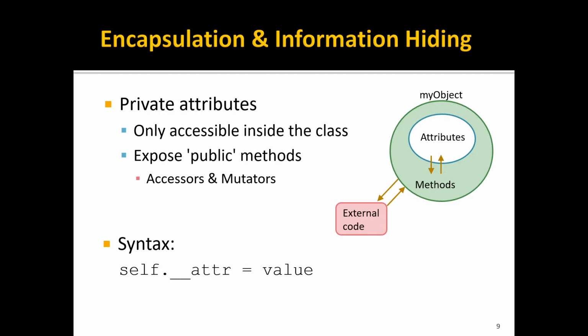So for example, for a bank account, I could create an accessor called getBalance that would return the amount of money inside this bank account, but it wouldn't return the variable itself. It wouldn't say, here's the variable, do with it what you will, please don't do anything bad. It would say, here's a number that represents what's in that variable stored somewhere else in my object.